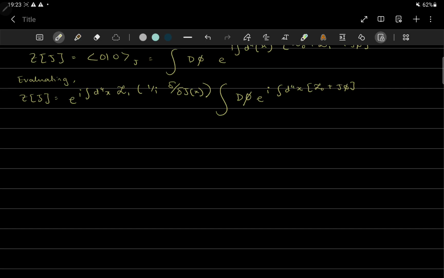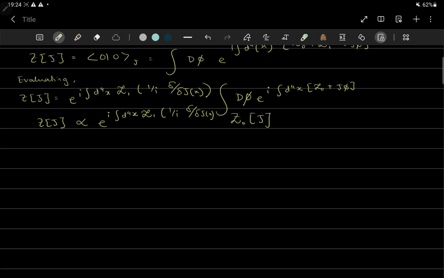I could say by looking at this expression that the generating functional Z[J] is proportional to e to the power of i integral d^4x of the interacting Lagrangian, and the generating functional for a free field theory.